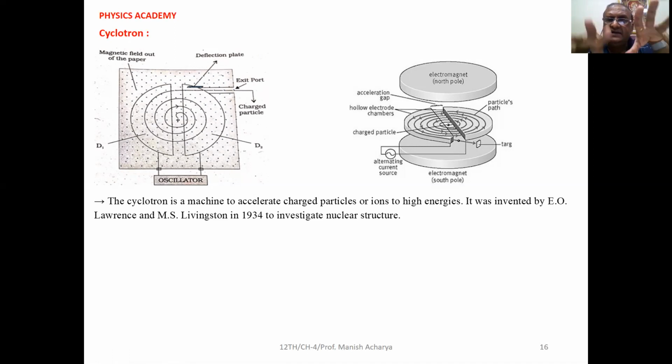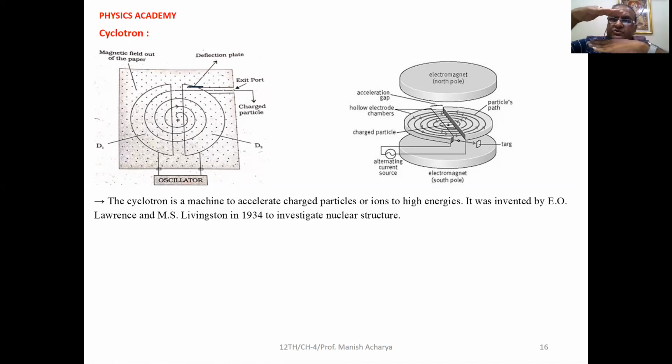So this entire system is placed in an evacuated chamber. In the evacuated chamber, two magnetic poles are there. These are electromagnets with the help of which a uniform magnetic field is produced in that particular chamber.